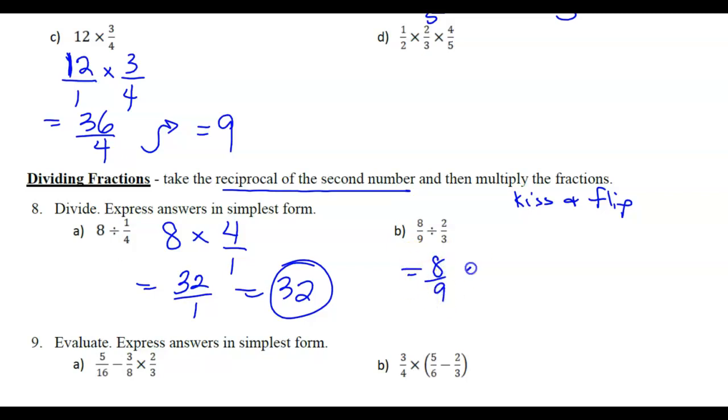Eight ninths times, so kiss symbol, 3 over 2. So 24 over 18, and reduce that. 6 goes into everything.